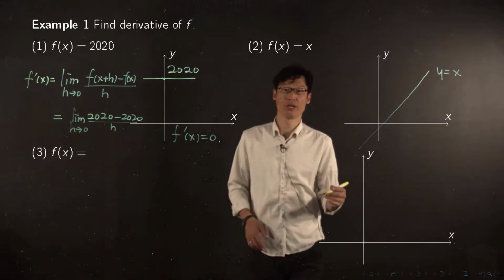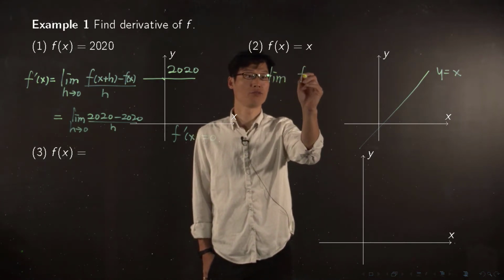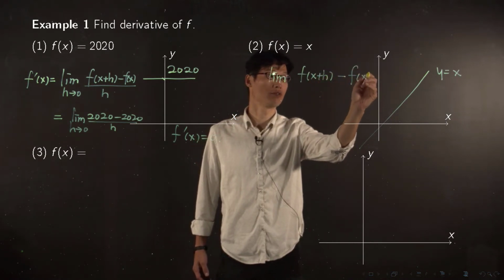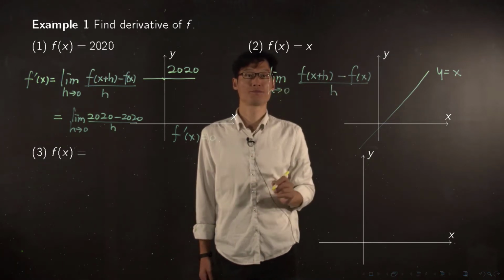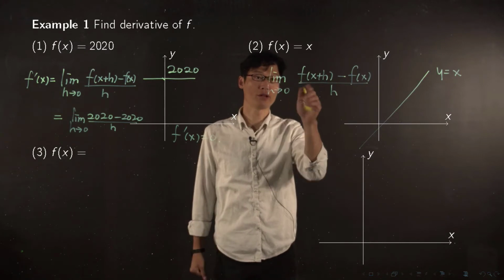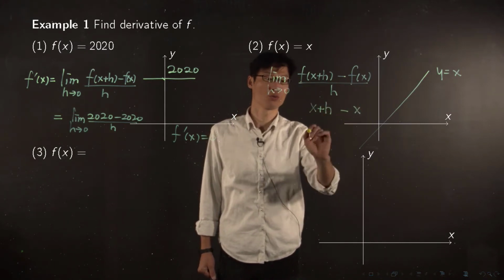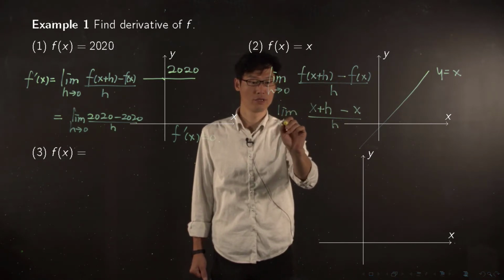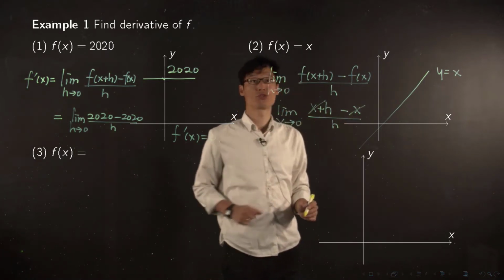You can even calculate by taking the limit f of x plus h minus f of x over h. Now that our function is just x, f of whatever is whatever. So we have numerator, and after canceling, we have h over h.